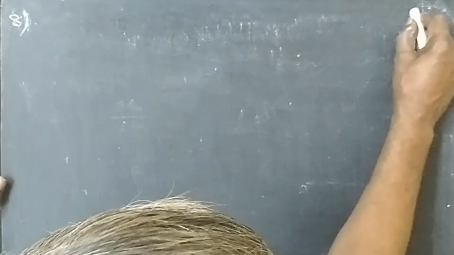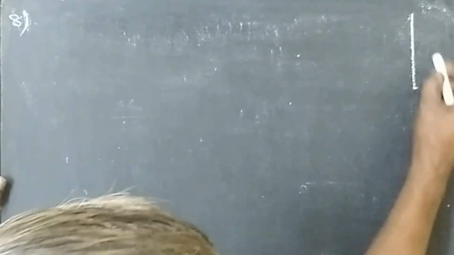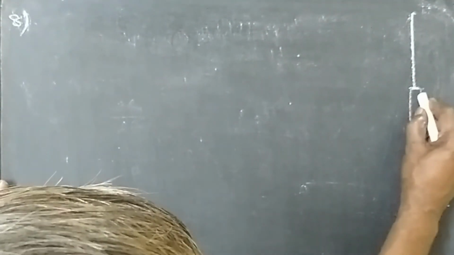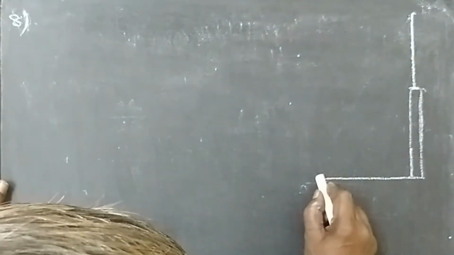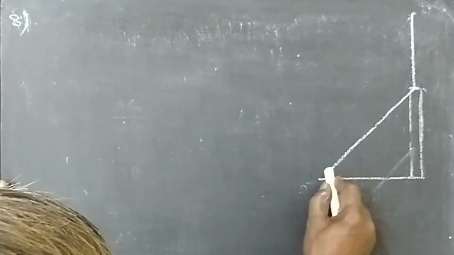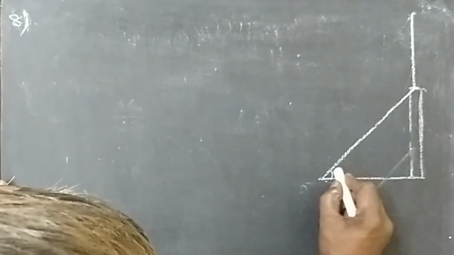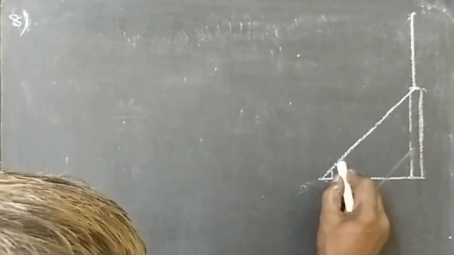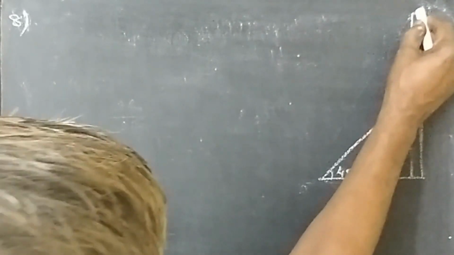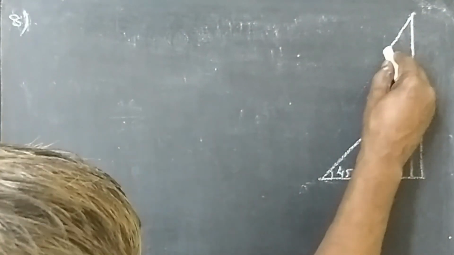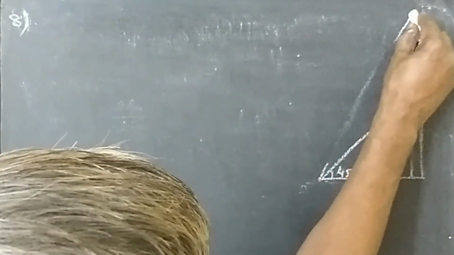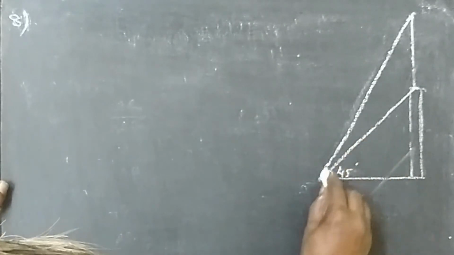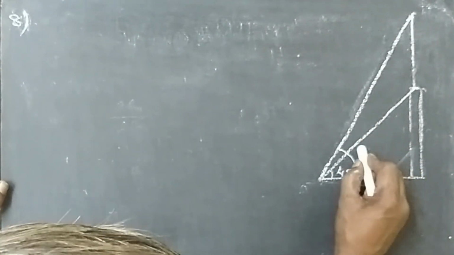Eighth one. Here in this is a 1.6 meter statue. The angle of elevation of the bottom is 45 degree, and the angle of elevation of the top is 60 degree.